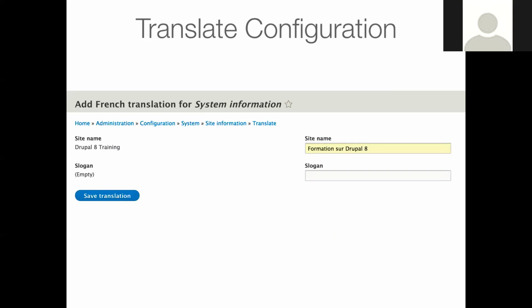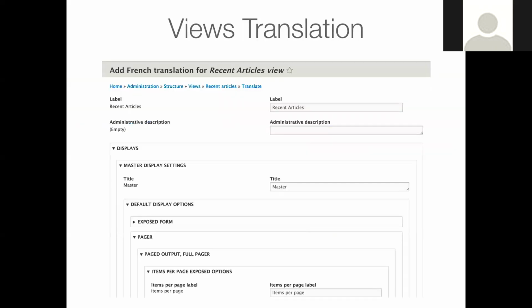So some configuration entities are simple, like the site name here, it's just a simple string. But other types of configuration entities are more complex. If you think about views, it doesn't just have one piece of text you're associating with it. There's many different labels and pieces of text that you might add in the process of setting up a view.